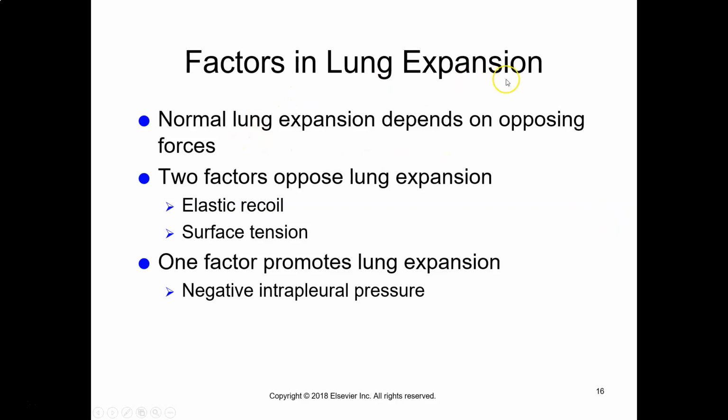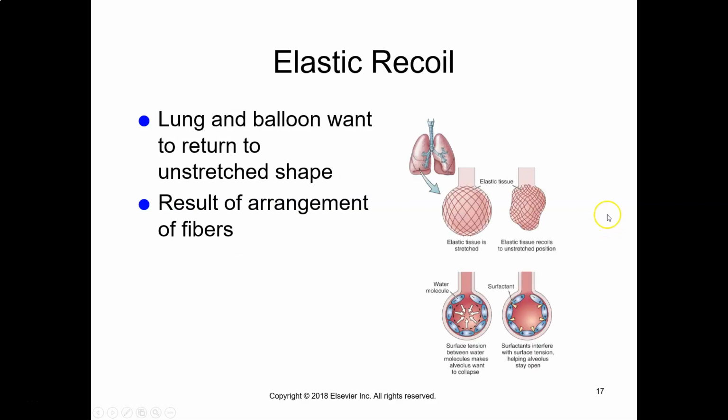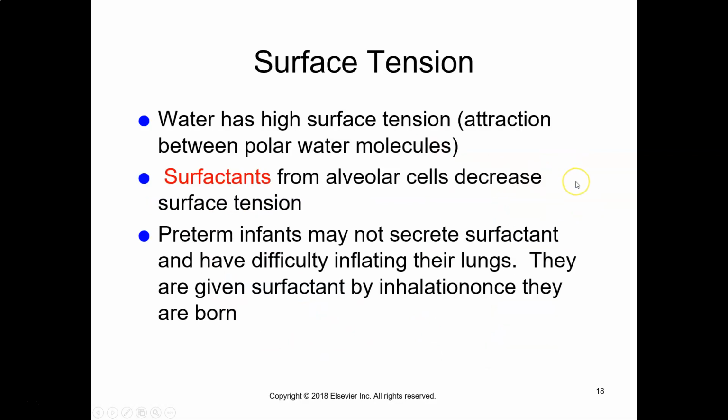So lung expansion depends on two forces, recoil and surface tension. And one factor that promotes lung expansion is negative intrapleural pressure. And this is what I was talking about with surfactant and elastic tissues.